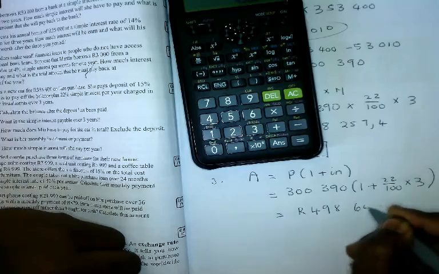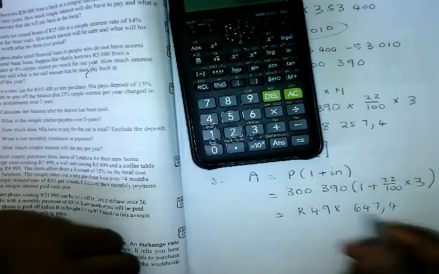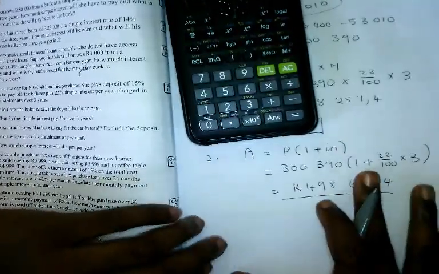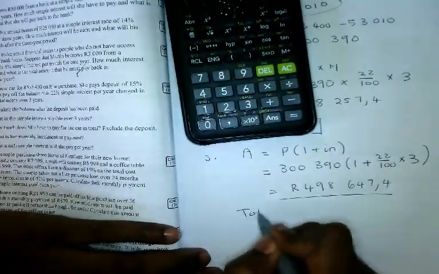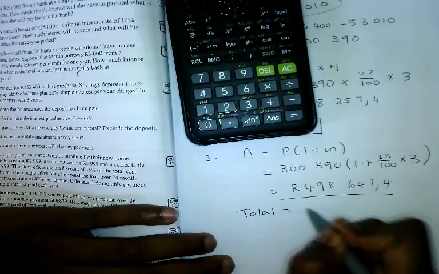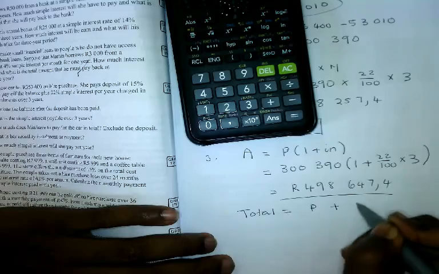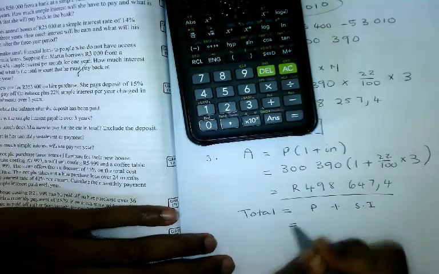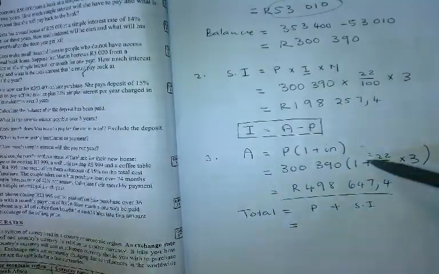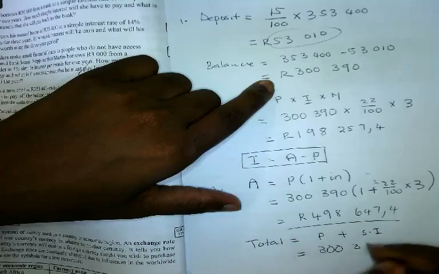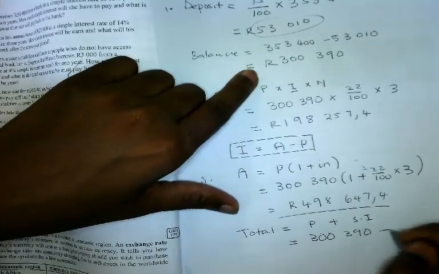Or you can say the total amount of the car will be the balance plus the interest charged. You can either use this formula, which takes you straight to the answer, or take the balance, 300,390, plus the amount of the interest charged, 198,257.4.